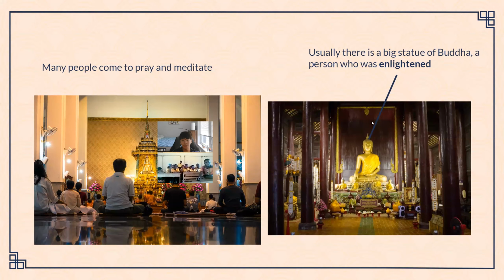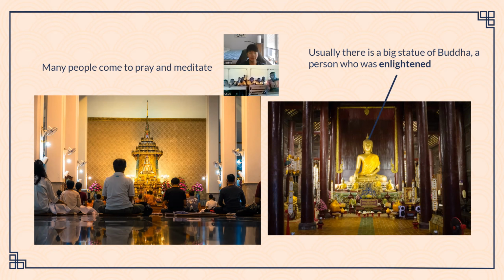Buddha was a person who was enlightened in the past. So people often come to ask and pray to Buddha as well. The pictures here show people meditating and praying to Buddha. And again, it's a really big part of Thailand since 92% of the population is Buddhist.